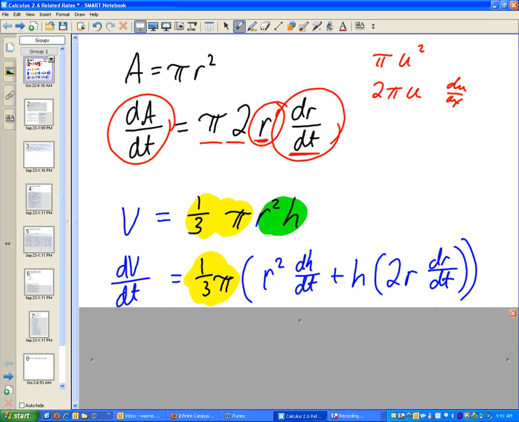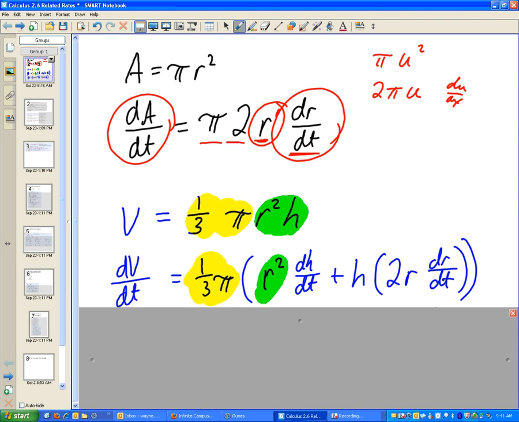All right, now let's find the derivative of r squared h using the product rule. Remember now, r is a function, h is a function. So, product rule. First function, r squared, times the derivative of the second.